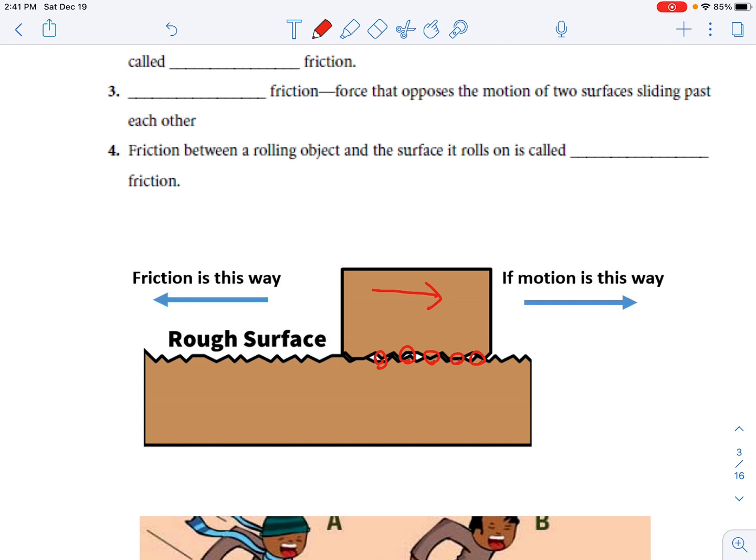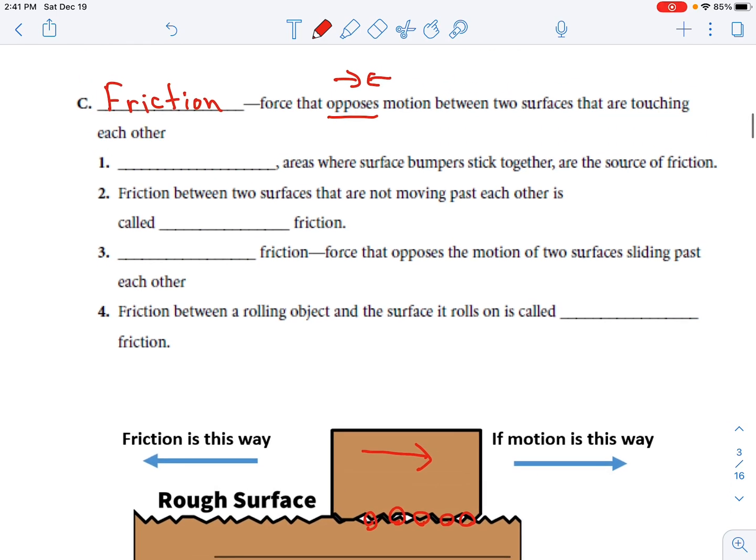The rougher the surfaces, the more little bumps there are. These little bumps have a special name: micro welds. Micro for very small, and welds, W-E-L-D-S. Those are areas where the surface bumps stick together, and they're the sources of friction.